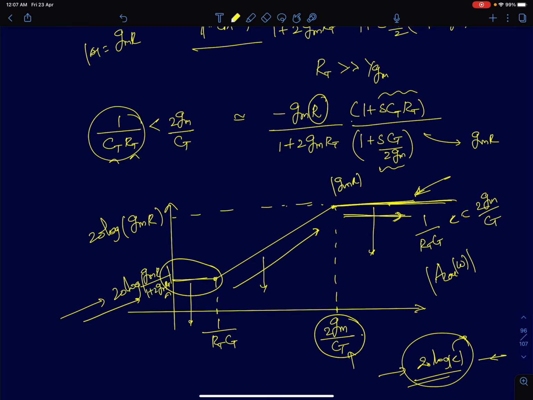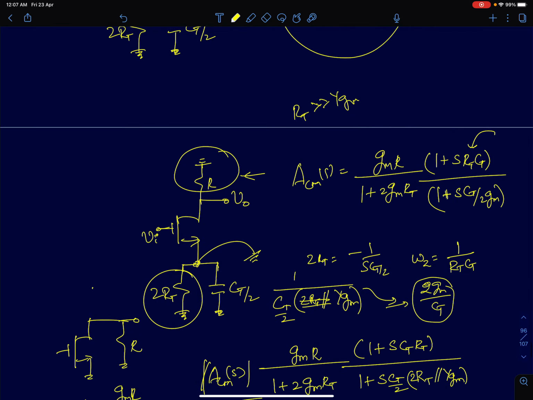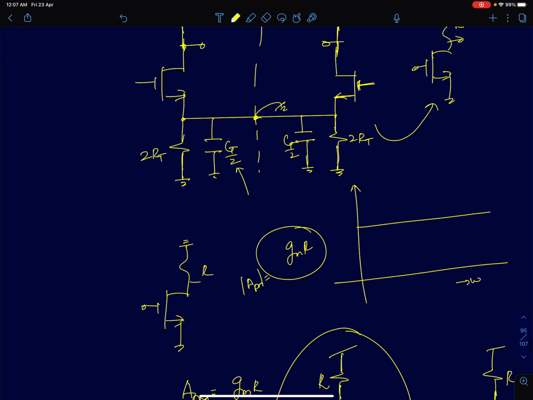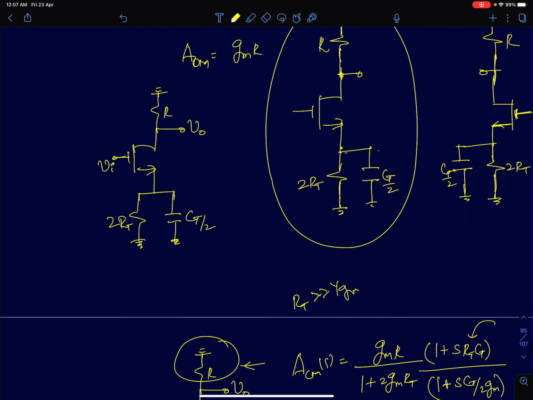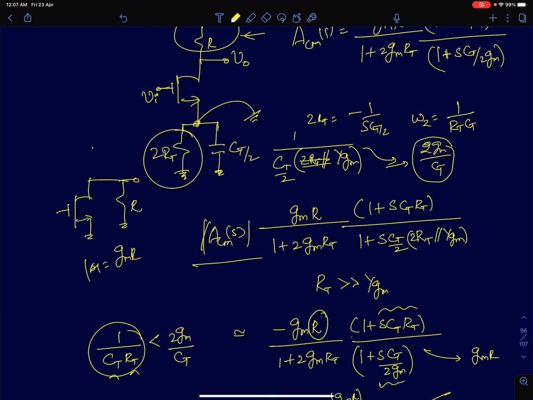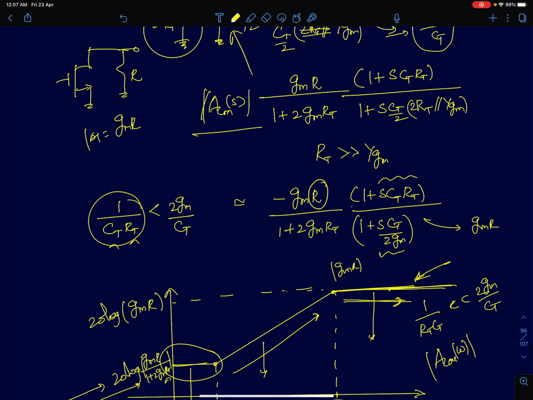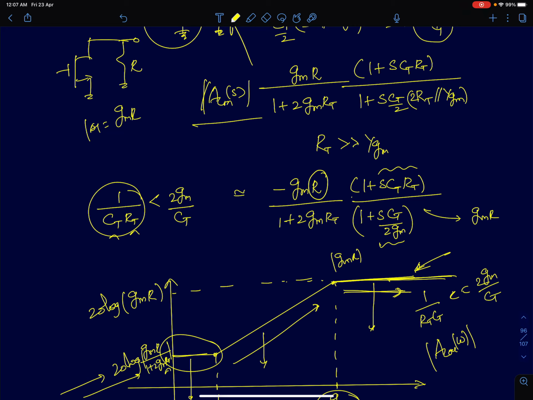But what we are seeing now is that because of a parasitic capacitance CT, the common mode gain is becoming as high as the differential gain itself. So that's what we are concluding from this analysis, that the common mode gain is becoming as high as the differential mode gain itself. So that's the effect the parasitic capacitance CT has on the frequency response of the differential pair.